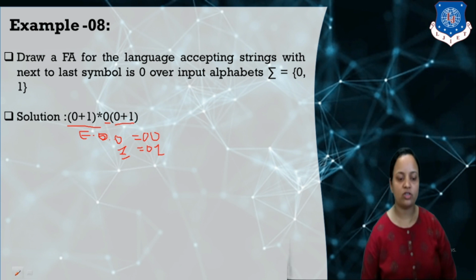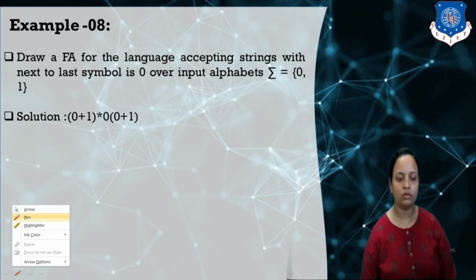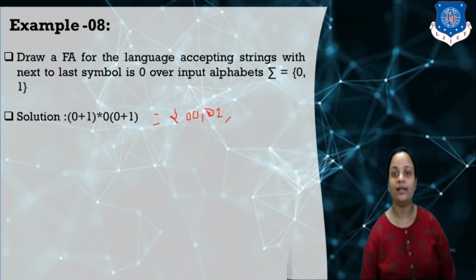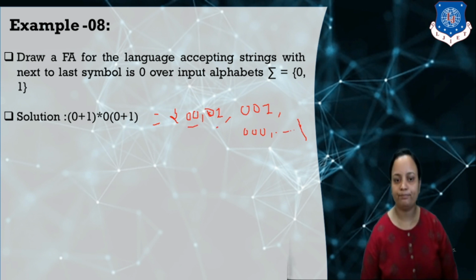So for this language the minimum length strings are 00 and 01. At the end it will be either 00 or 01. Like 00 and 000, yes it is valid. So by using this minimum length we can draw the FA.